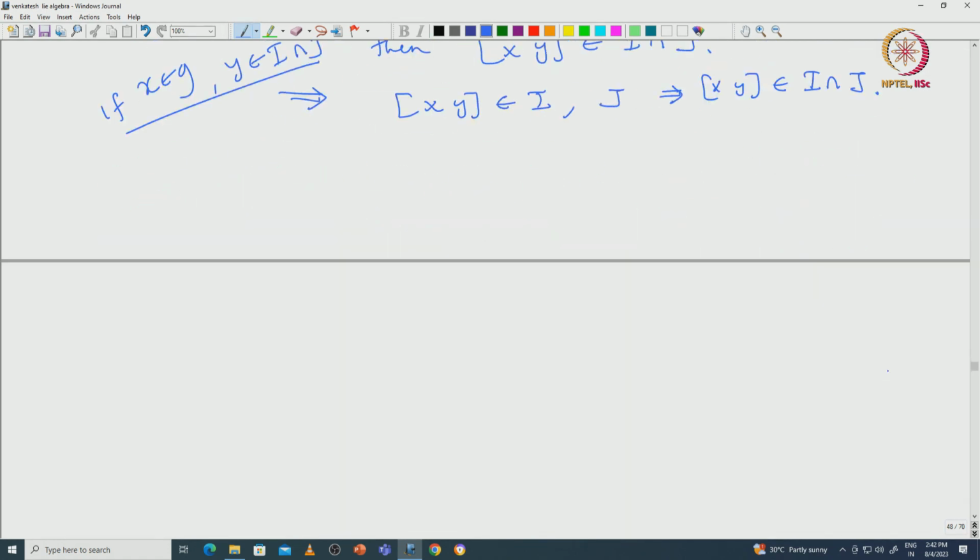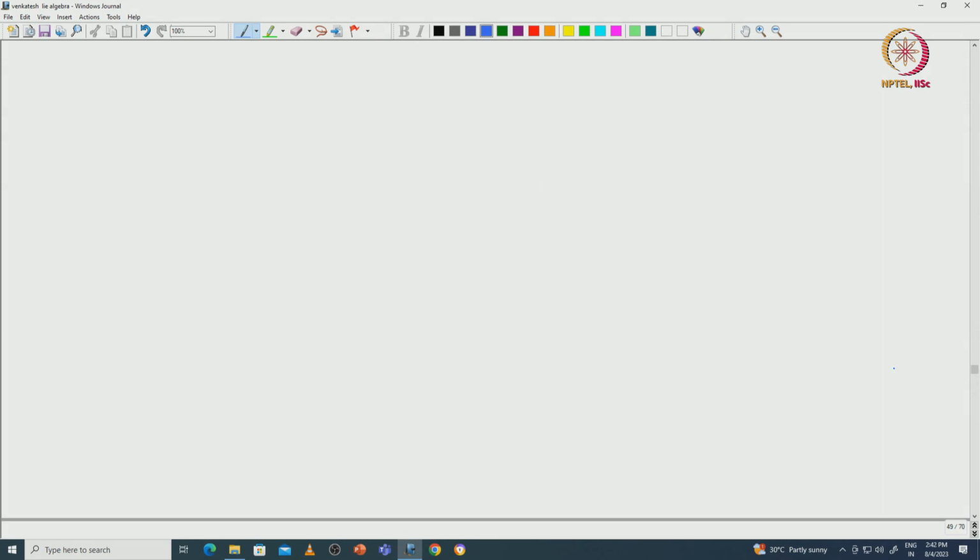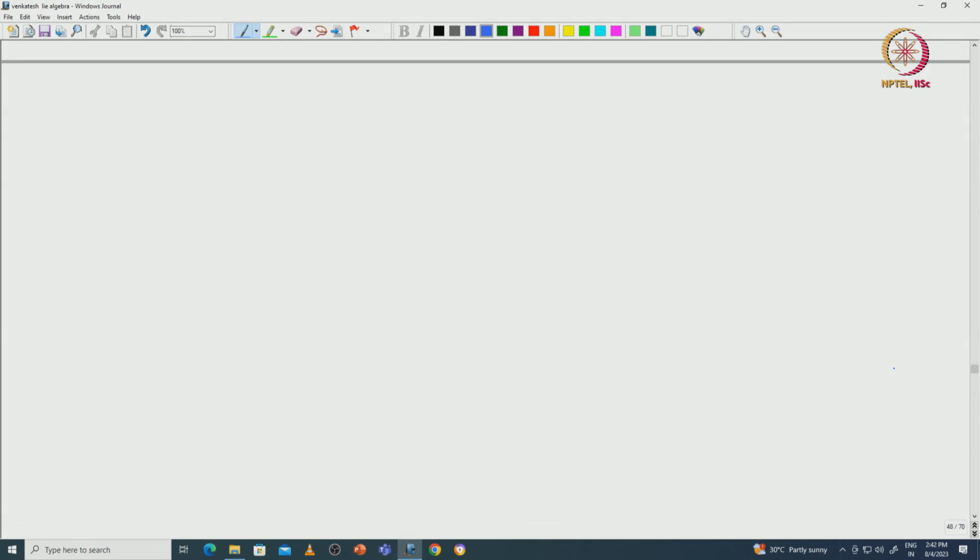Now given these two ideals, we can also make one new space called the sum of these two ideals. Given these two subspaces I and J, we can talk about I plus J, which is the sum of these two spaces.